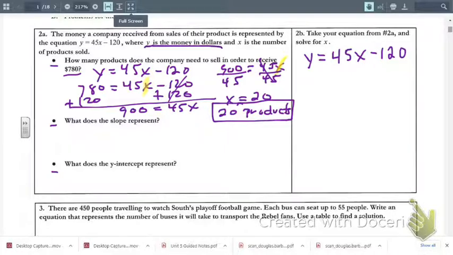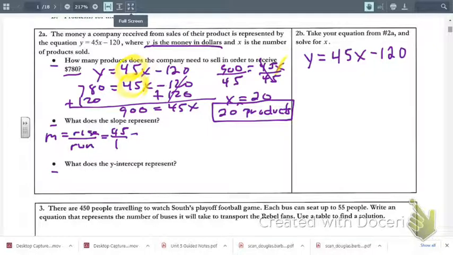Okay, the next part, it says, what does the slope represent? Well, slope equals rise over run. Our slope is 45, so we're going to write 45 over 1. Now, the rise, what's being graphed along the y-axis?